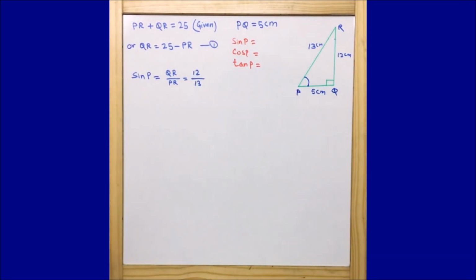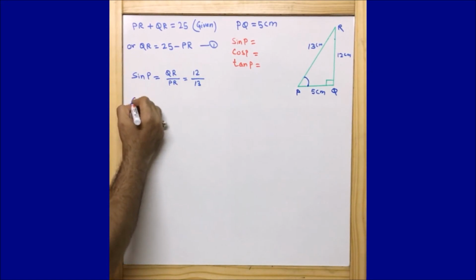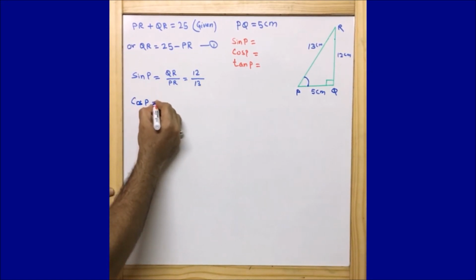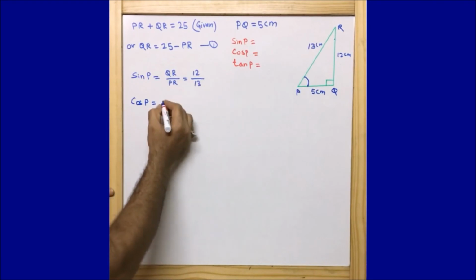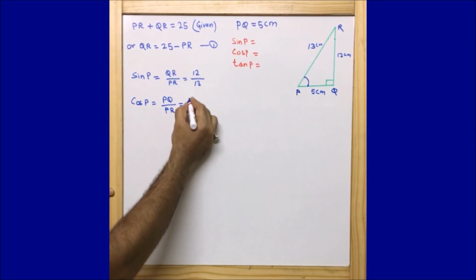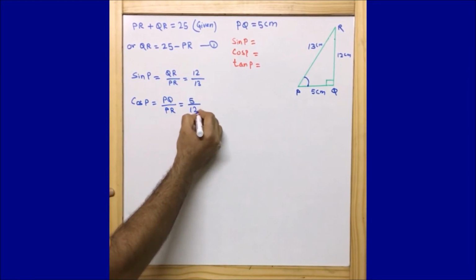So this is what we got as the value of sin P. Now what is cos P? Cos P is equal to adjacent side to angle P, that is PQ upon hypotenuse, that is PR, that is equal to, I can write 5 upon 12.